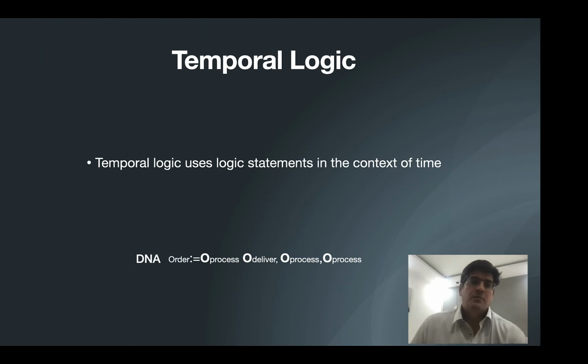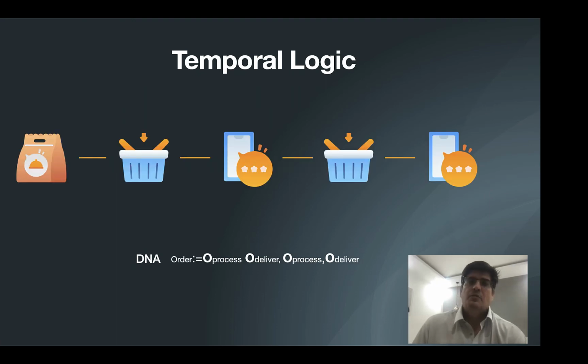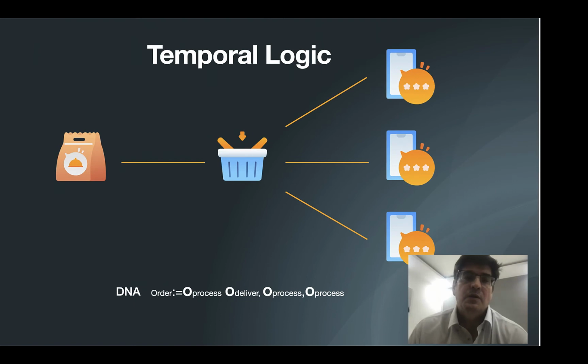Here's an example of temporal logic application. It's a simple build ship process, and here's another one. It describes a temporal logic around deciding to ship on multiple options, FedEx, mail, etc. Below we see what we call the DNA. It's the unique temporal logic description for this application.